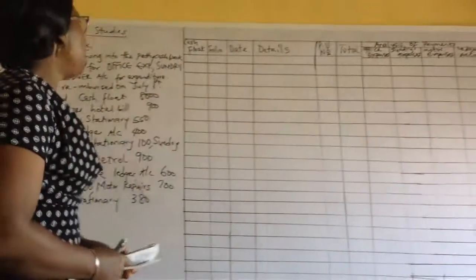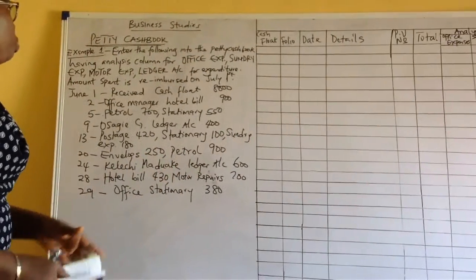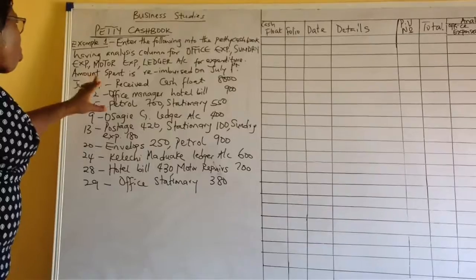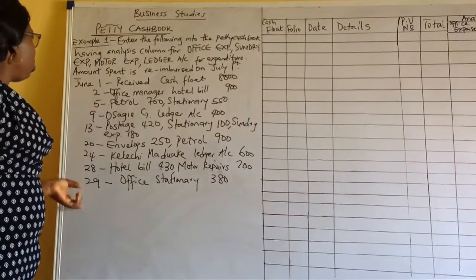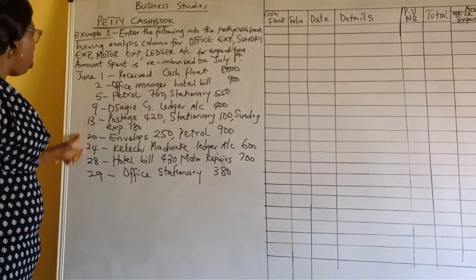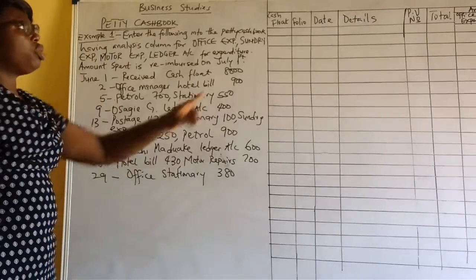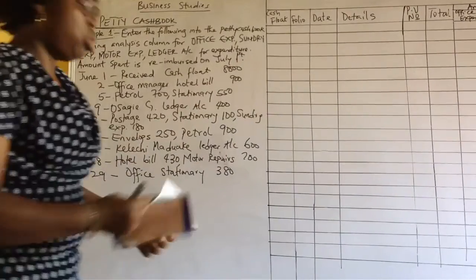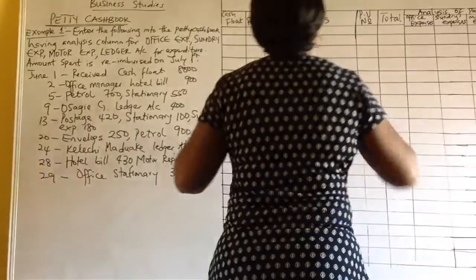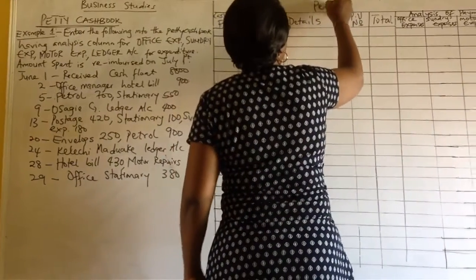So without wasting time, let's take the first example. This is the question for you to post the transactions within the month into this petty cash book. So here is your petty cash book.